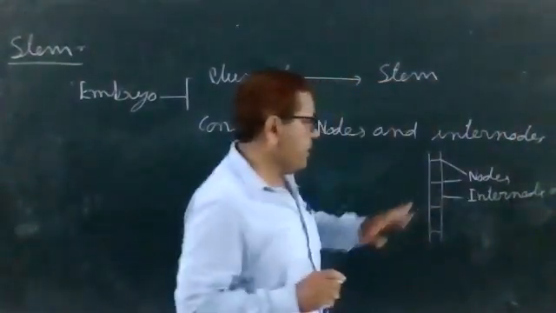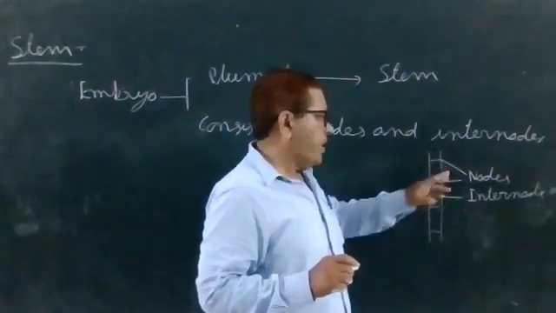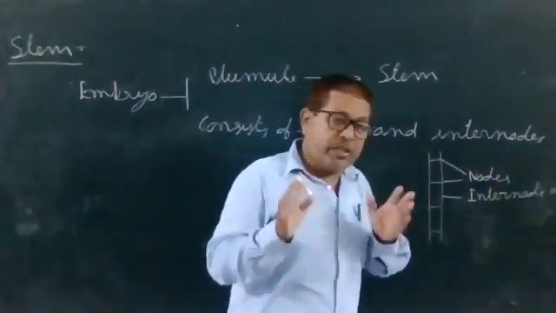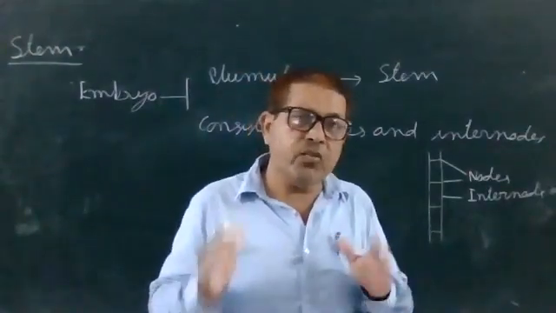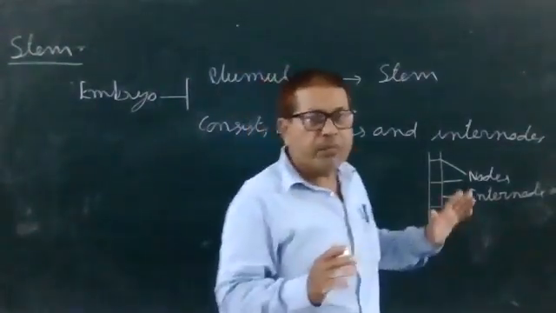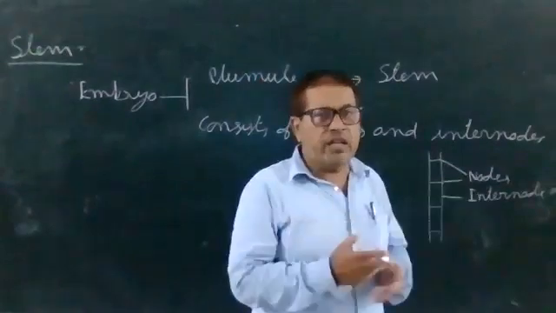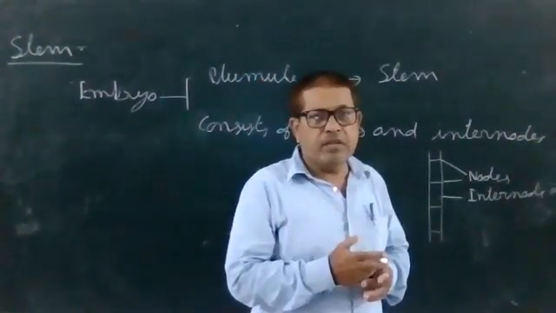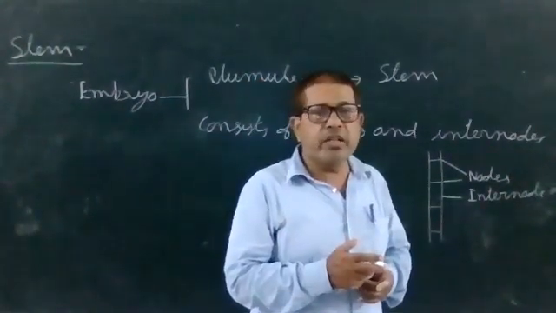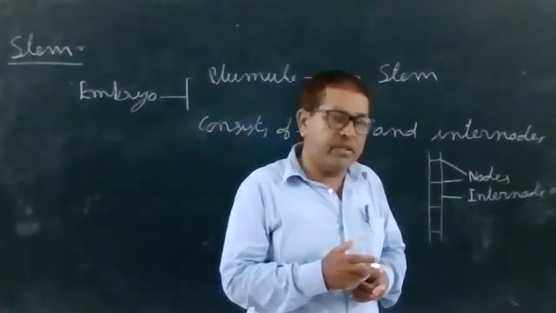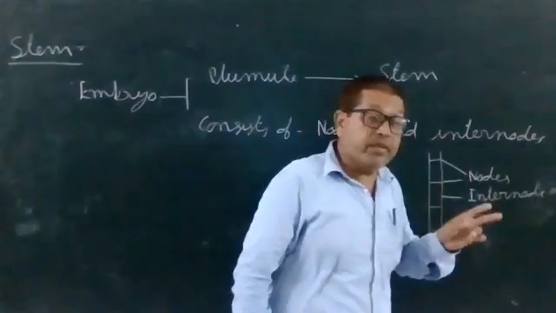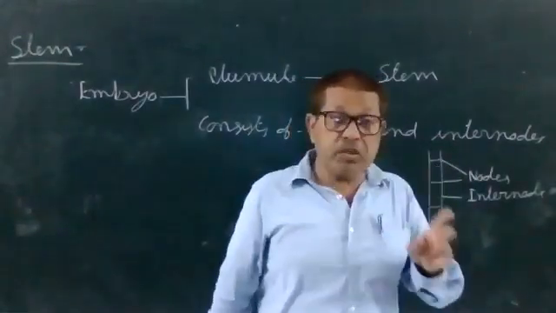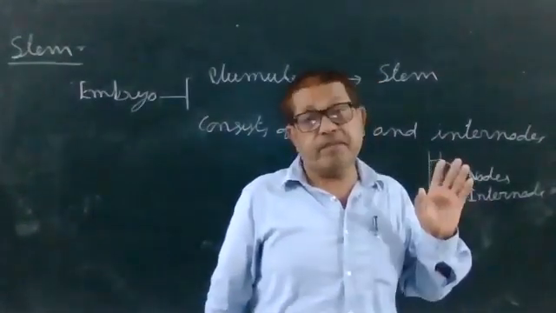It is called nodes, and the space in between the nodes is known as internode. So stem consists of nodes and internodes. This is the major difference between the roots and the stems.